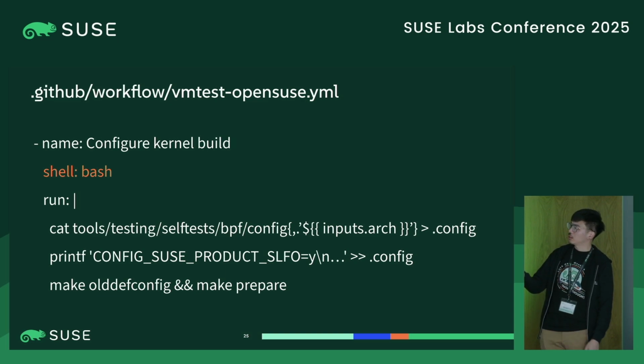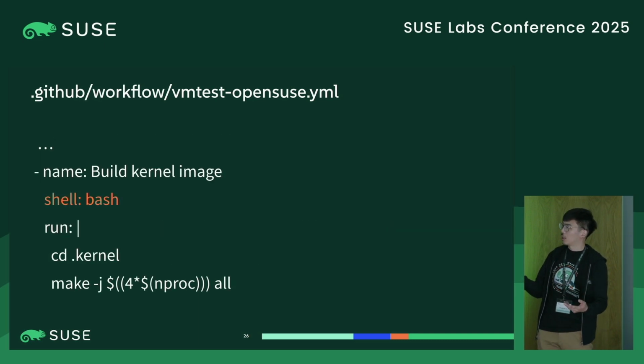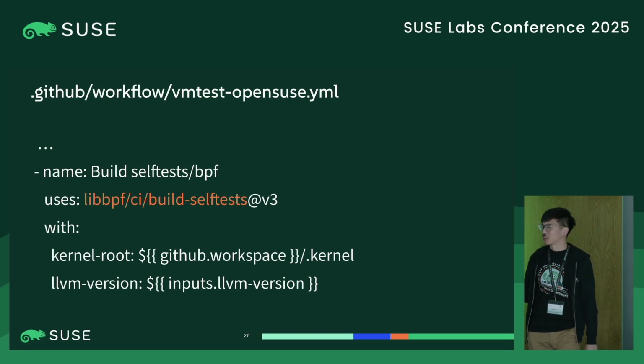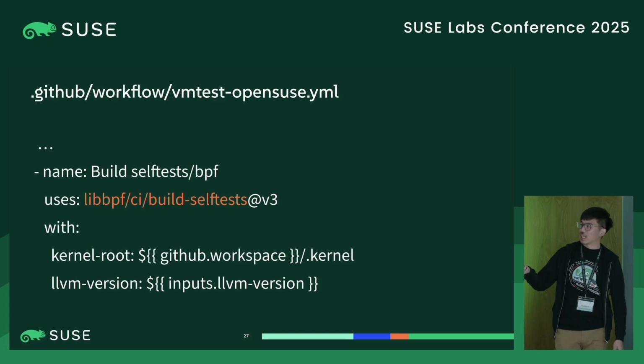The only special thing is that I had to use a specific config that's made for running BPF self-test, that's the main part, and then add some SUSE stuff, configure, compile, and build the self-test. Building the BPF self-test is also a bit of an annoyance. It's kind of hard to get working, so I'm glad that they had an action for that.